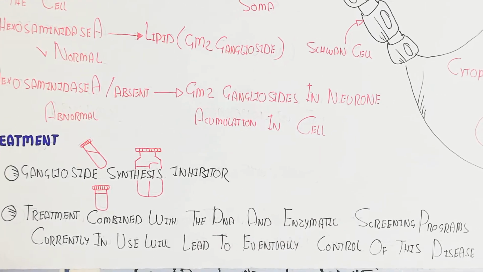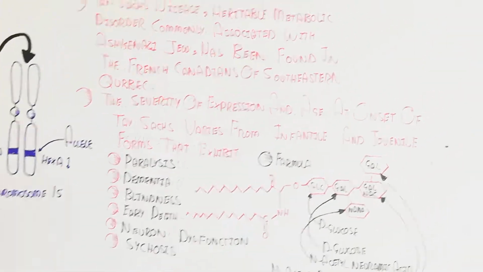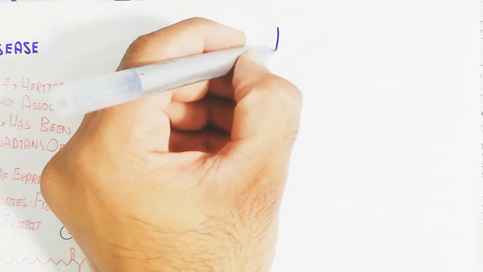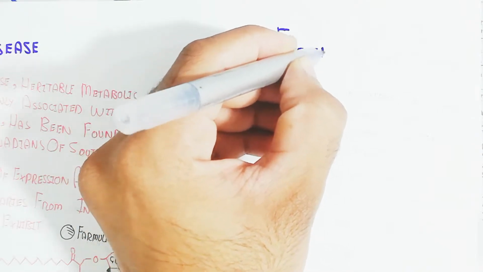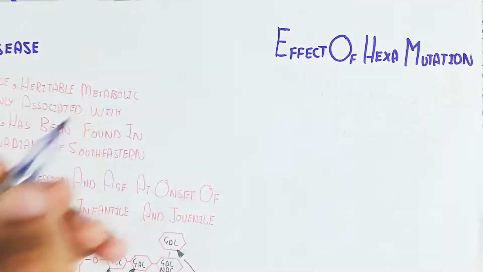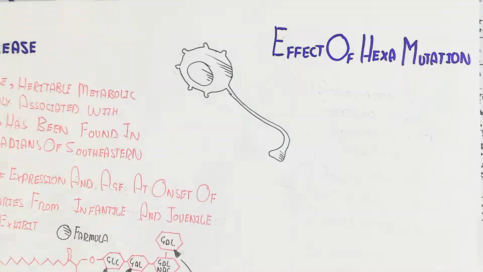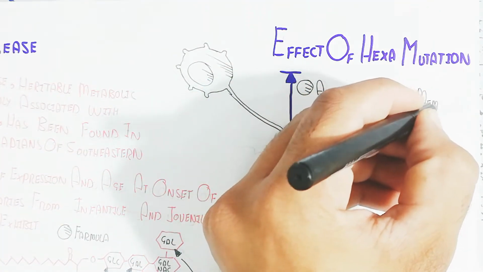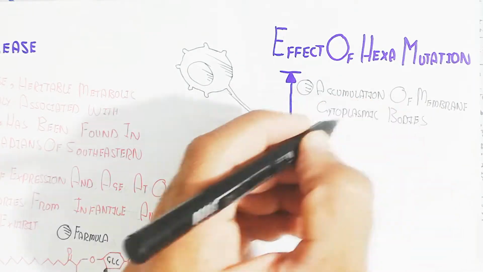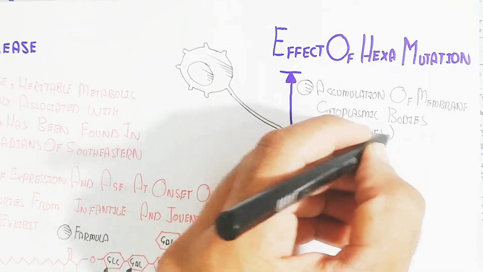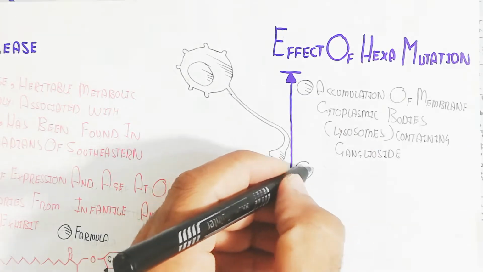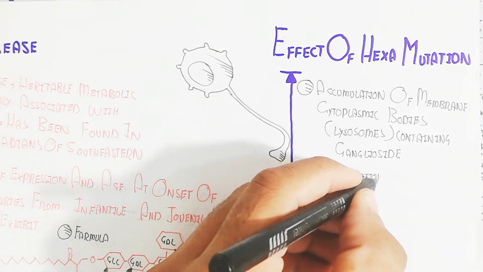Here, let's begin to understand the effect of the HEXA mutation. Hexosaminidase A mutation leads to a decrease, and first we will understand the neurons and neuroglial cells as macrophage-like structures, with accumulation of membrane cytoplasmic bodies, lysosomes containing ganglioside.